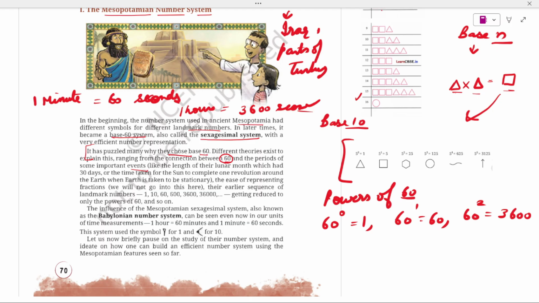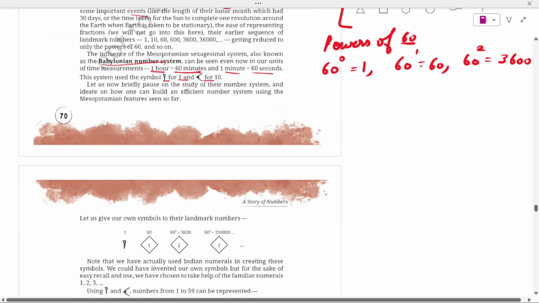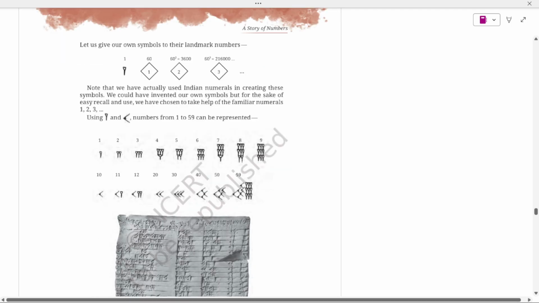So their connection is with time, and their number system is known as the Babylonian number system, where 1 hour is 60 minutes, 1 minute is 60 seconds, and the symbols used by them were this, and this, and this, for one.